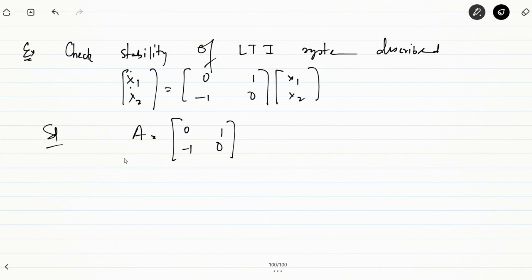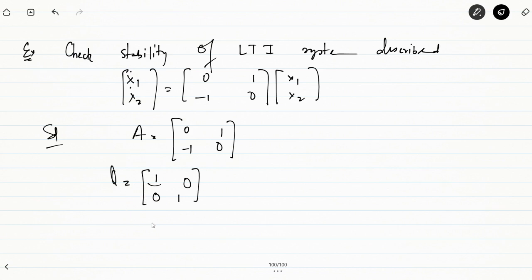Let's take a positive definite matrix Q. For a positive definite matrix, the leading element has to be positive, as well as the determinant. So Q is a positive definite matrix, 1 0 0 1.